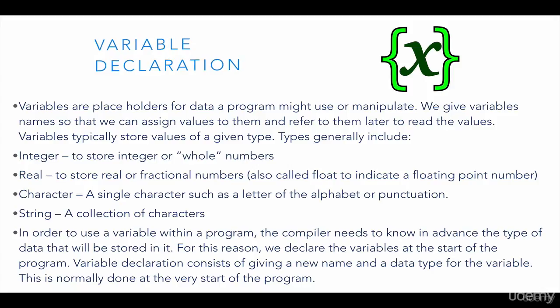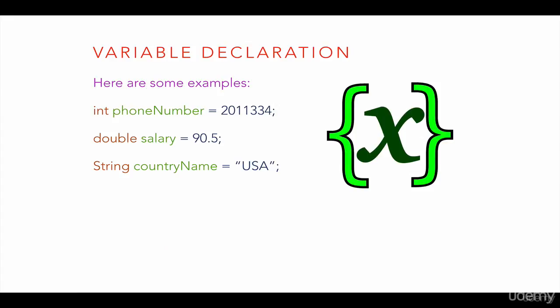Okay, so let's see examples of actually declaring and assigning values to these variables. For example, imagine that I want to create an integer variable, okay? The data type is integer, and the name of my variable is phoneNumber. As you can see, the style of writing my variable name is called camel case style.